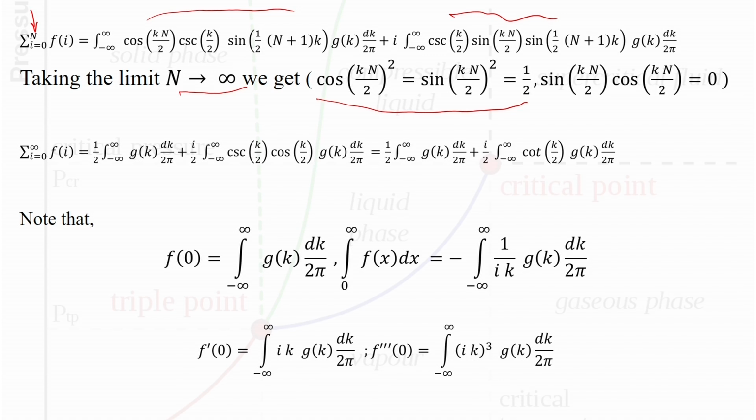So when n becomes infinity, cosine of k n by 2 averages out to 0, because it's positive as frequently as it's negative, and it rapidly flips between being 1 and minus 1. So on average, it's always 0. But if it's cosine squared, it's between 0 and 1 most of the time.